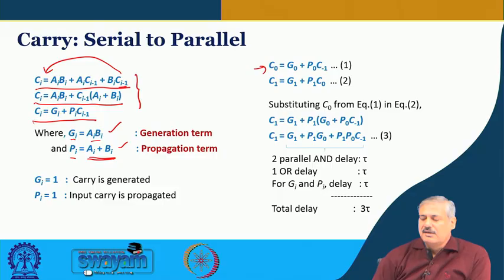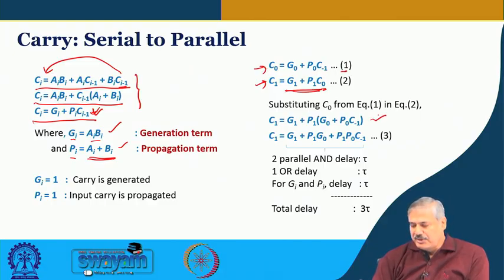Otherwise, if it is in cascade, something will come from the previous stage. And C 1 is G 1 plus P 1 C naught, the basic equation. So, this C naught we can substitute from equation 1 in equation 2. That is what we are doing here.